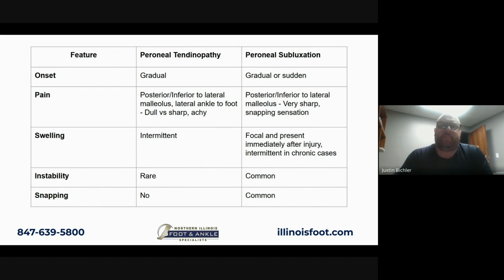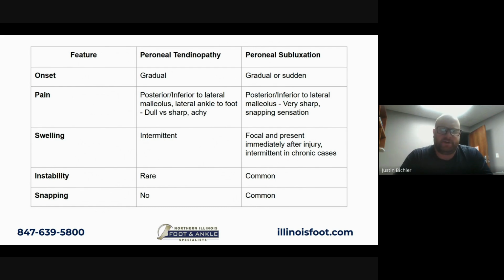Pain: a lot of times pain is in the exact same location for both, posterior and inferior to the lateral malleolus, where the tendons course around. Peroneal tendinopathy pain tends to be dull or achy, where a lot of times peroneal subluxation, especially in the process of subluxing, can be very sharp, very pinpoint. So people present, or at least describe it, a little bit differently.